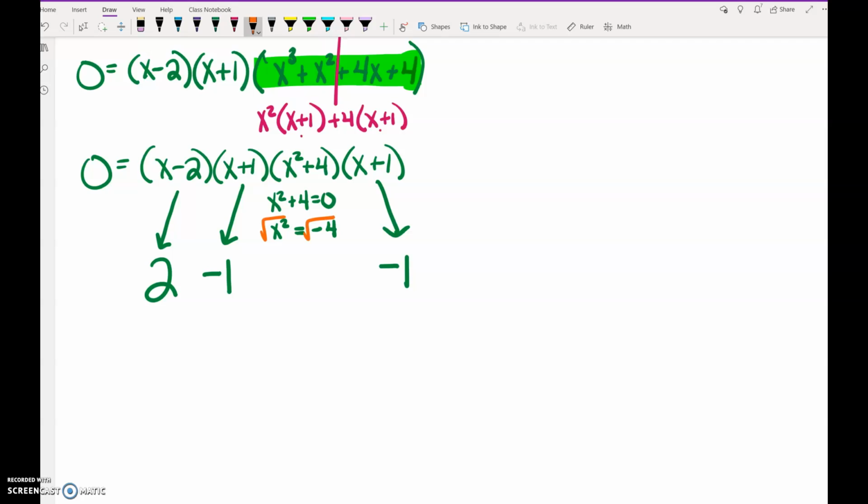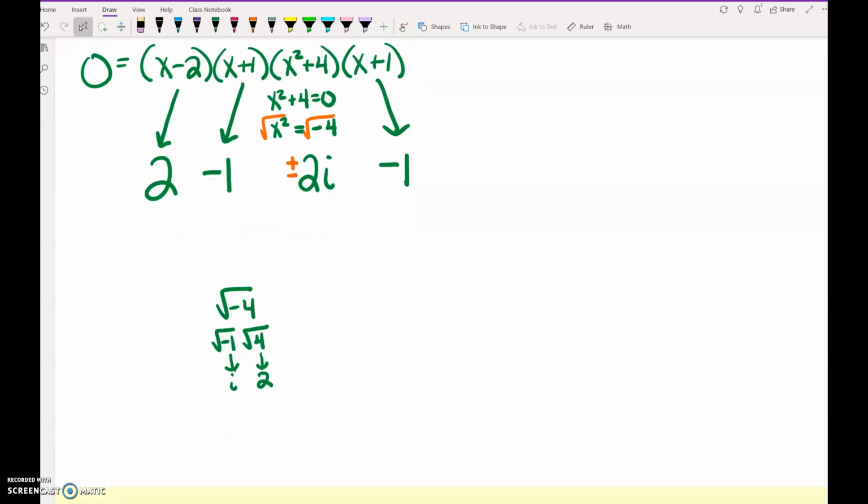When you put a square root in, you have to put a plus minus in front of it. Now think about the square root of -4 is the square root of -1 times the square root of 4. What's the square root of 4? 2. And the square root of negative 1 is I. So this is plus or minus 2I.